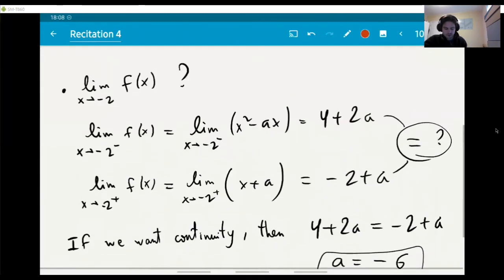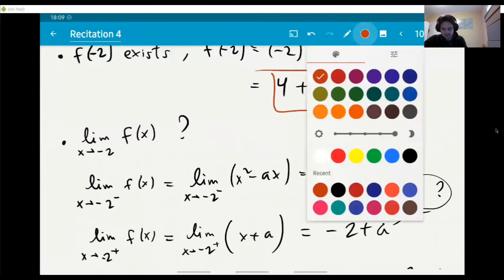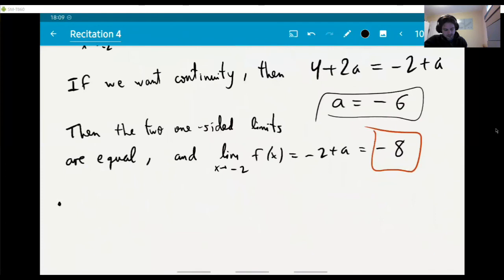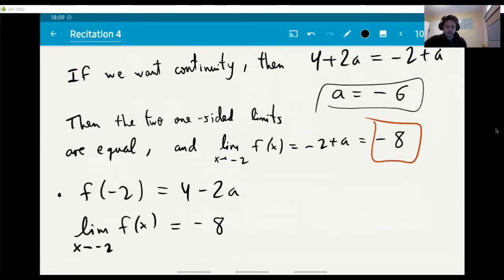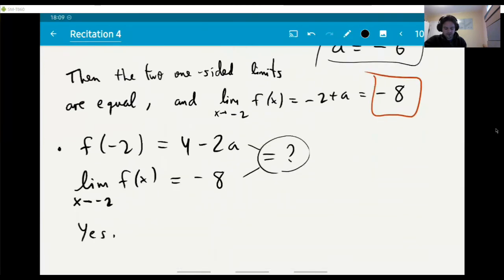Let me go back and circle the value of the function. We found that to be 4 plus 2a. But remember, there's a third item. This one is where you have to check that the two things are equal. We just found the limit and we found the value of the function. Are they equal? Well, yes, for a equals -6.